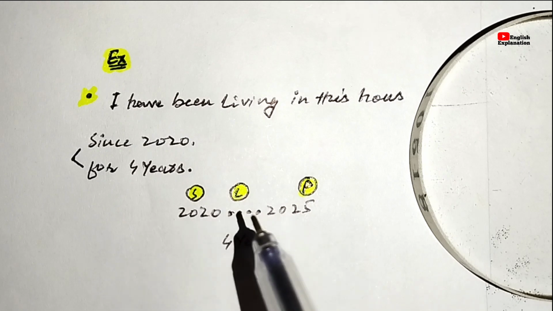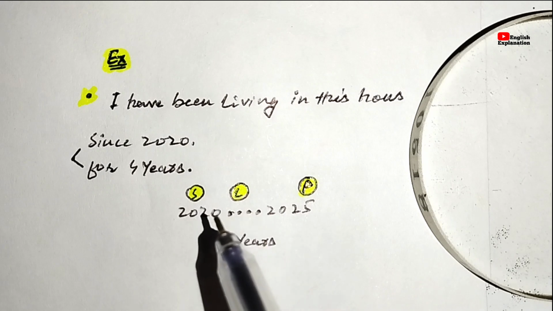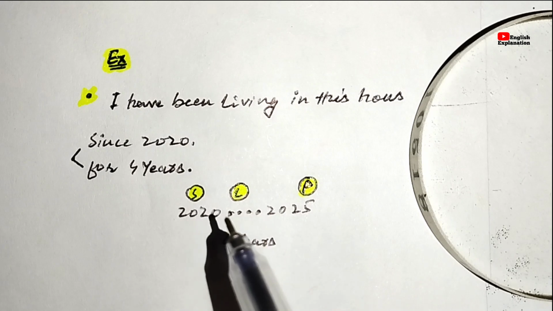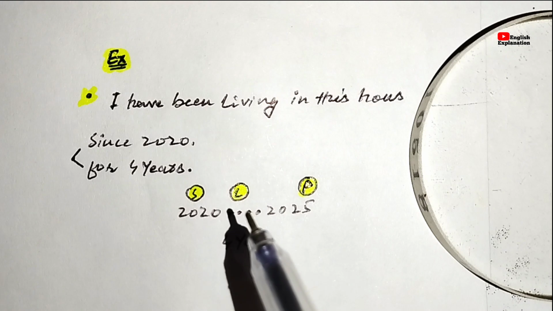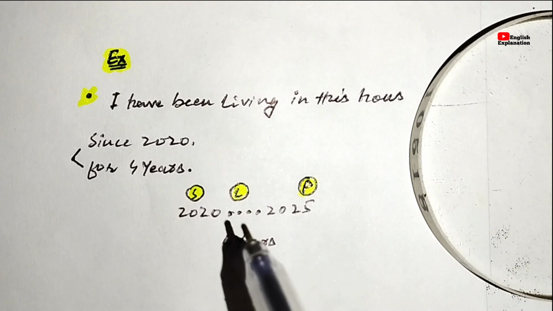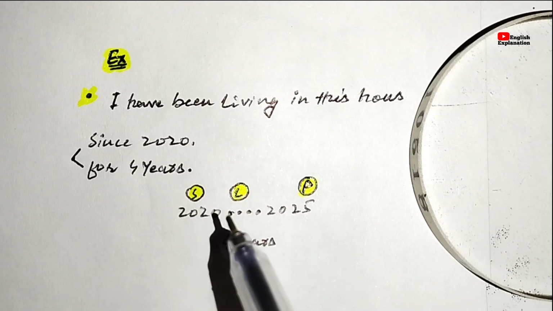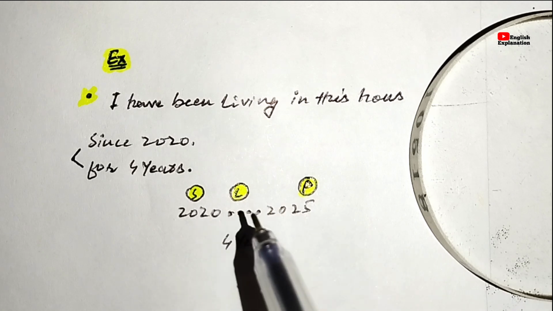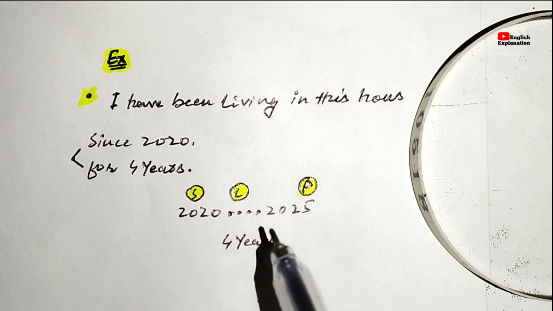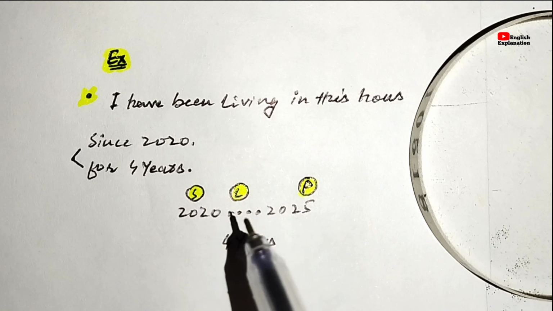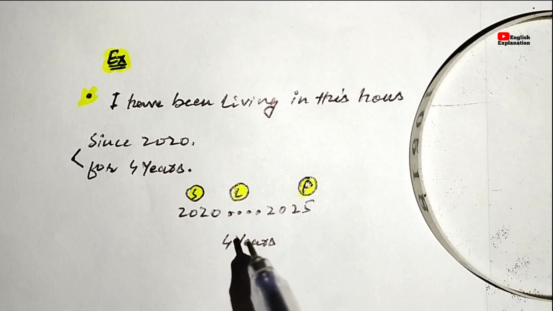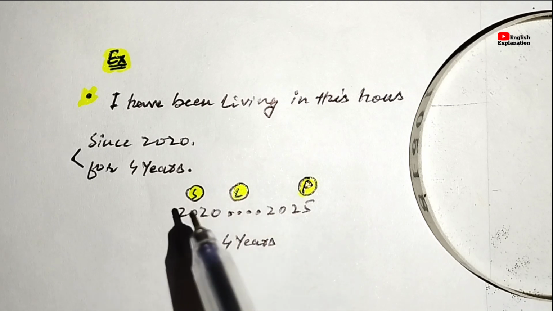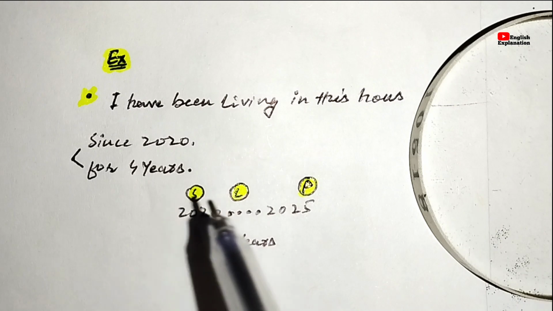Between these points we have a length of time, or duration, like 21, 22, 23 and 24. 4 years between 2020 and 2025. And we know we use for for length of time, for duration, for a time period, and for a starting point we use since.